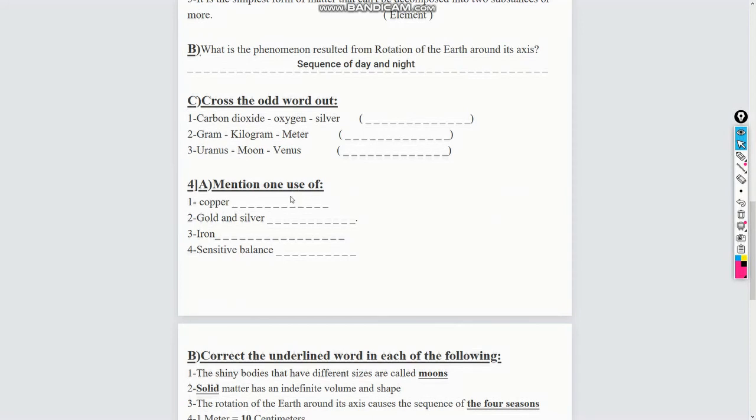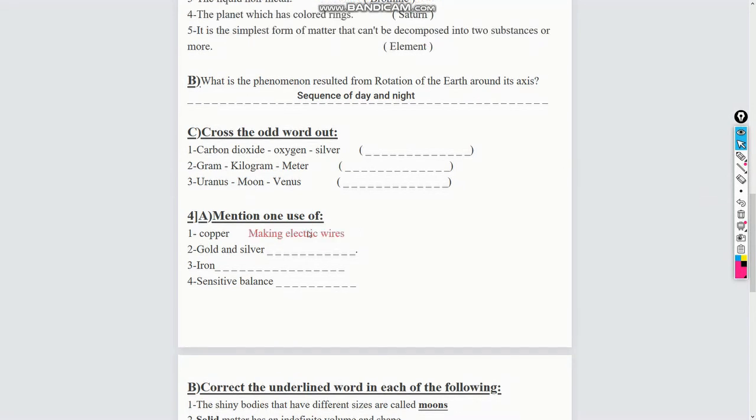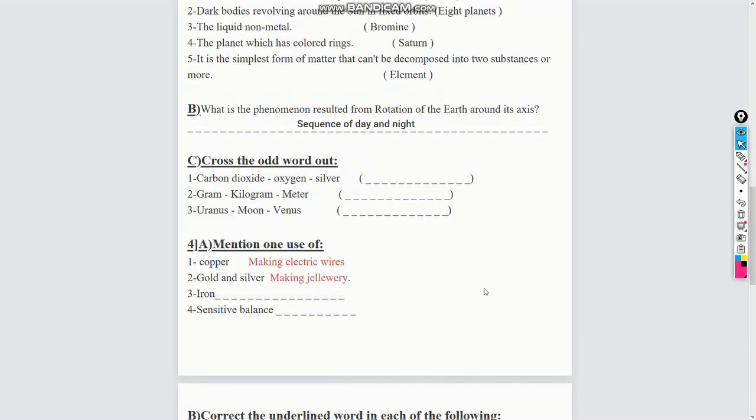Mention one use of copper. We use copper for, yes, making electric wires. Correct. Gold and silver. Yes, correct. Making jewelry. We use iron for, it actually has many uses.